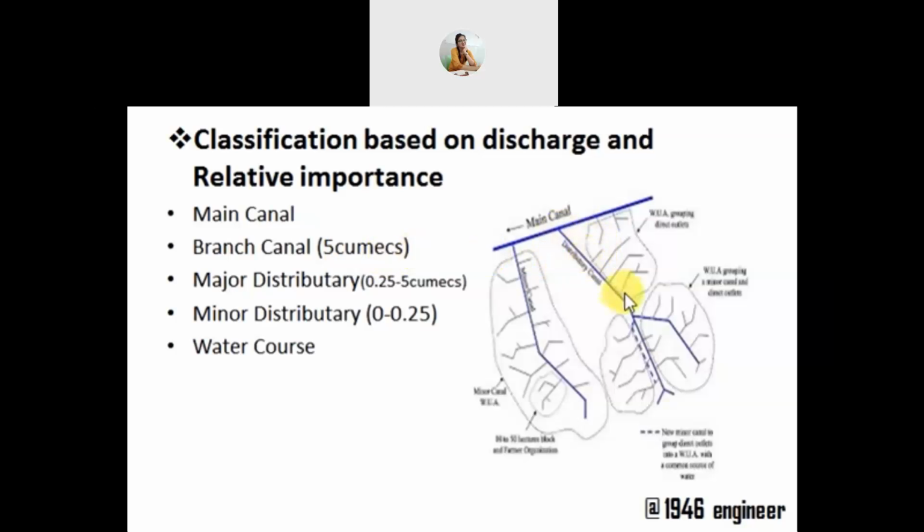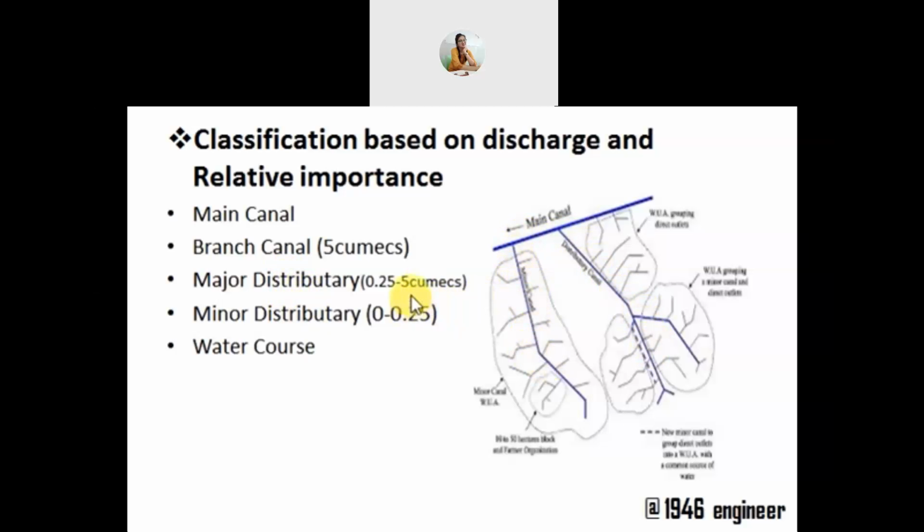And there are few distributaries from the main canal or the branch canal. Such distributaries are again classified into major distributary and minor distributary. Here, if you look at this, this is a major distributary and this is a minor distributary.